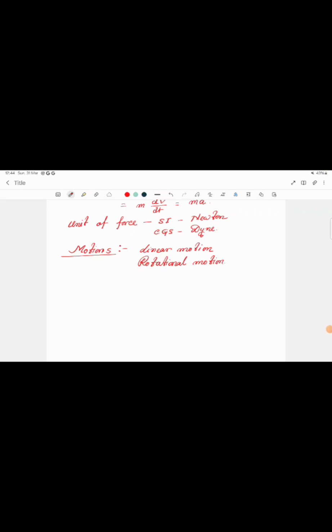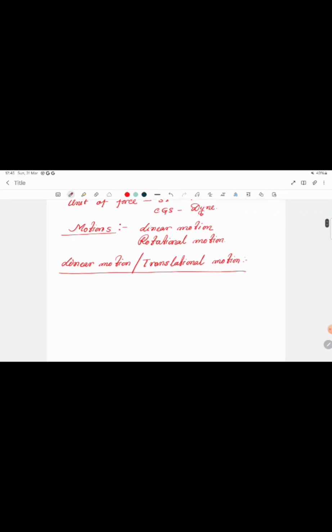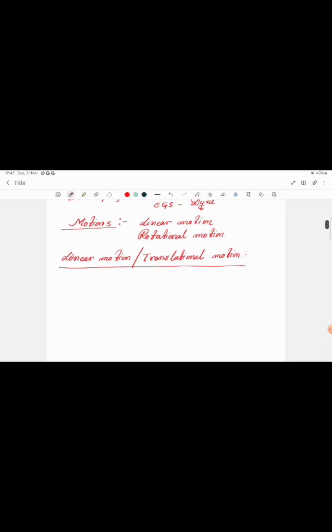Let's see first what is linear motion. Linear motion, or you can also call it translational motion. In one word, whenever we apply some force on a body, it will move in a straight line path.